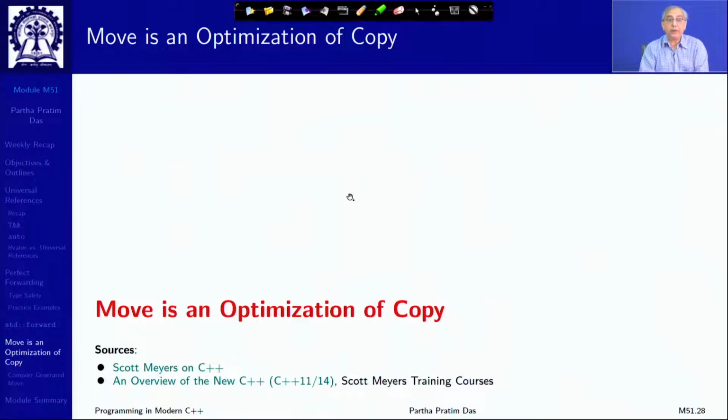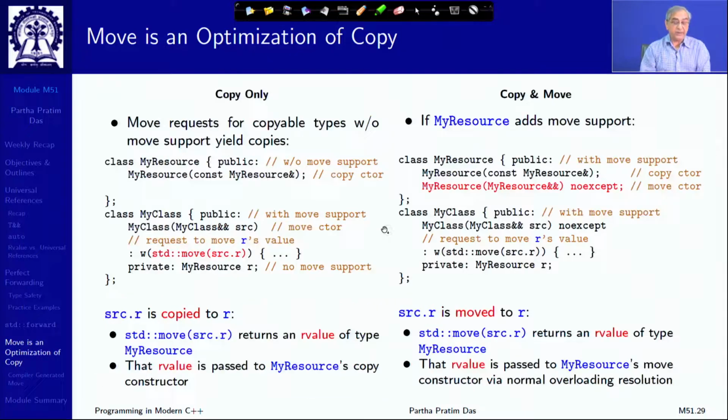Now, before I close, a couple of comments about finally move as an optimization of copy. It is not something which is different, but the task of move can be taken up by a copy when it is not possible to move. Right? That is the essence of the whole thing.